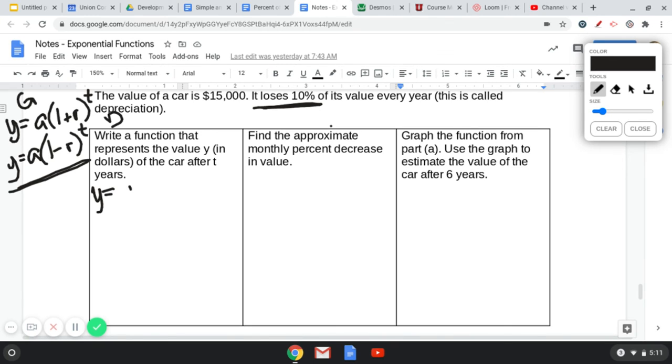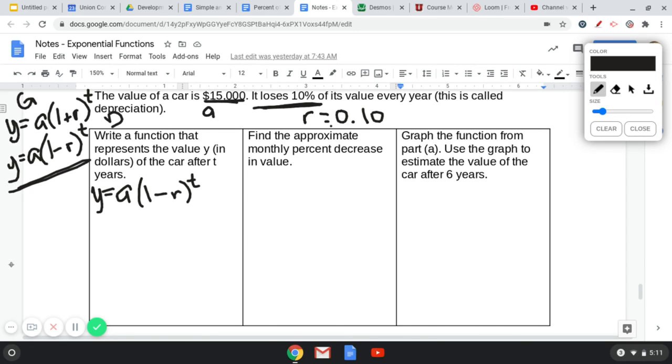I'm just going to go ahead and write that in this box to give us a starting point. Okay, so we got y equals a times 1 minus r to the t, where r is your rate. So this means our rate is 10%, which as a decimal is 0.1. This is our initial value a, because that's when time is 0. That's the value of the car. And then y will be the value of the car, and t will be the time in years.